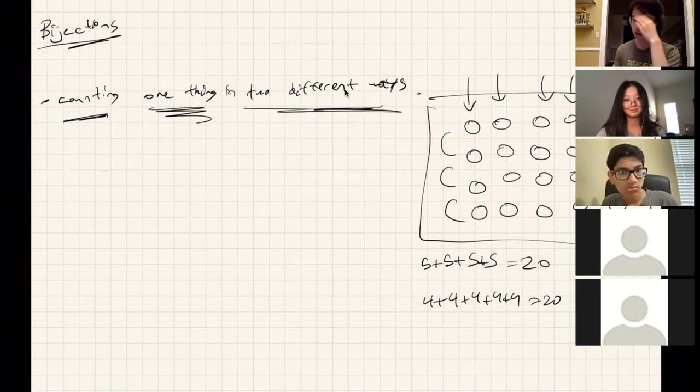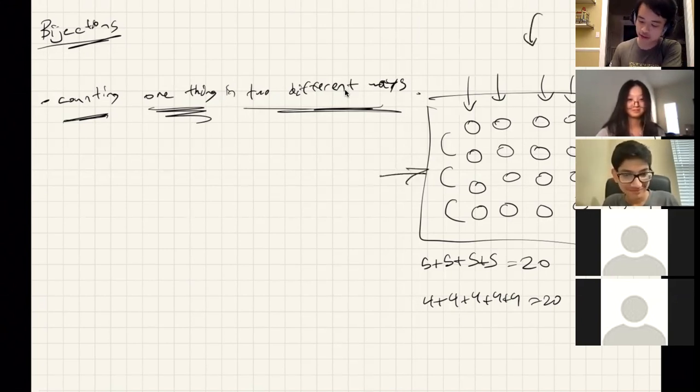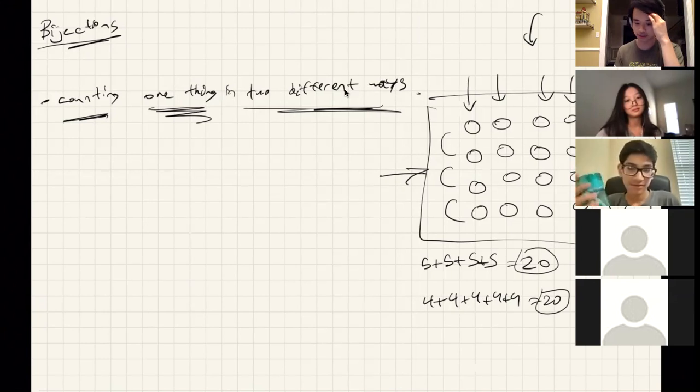If you go into higher level math, you'll see that it's not exactly like this, but this is the most elementary way of explaining what a bijection is. It's counting one thing in two different ways. You could choose to count it in one type of way, or you can choose to count it in another type of way, and both ways are going to end up with the same correct answer. So a lot of times in combinatorics problems, you're trying to find the best way to count something, right?